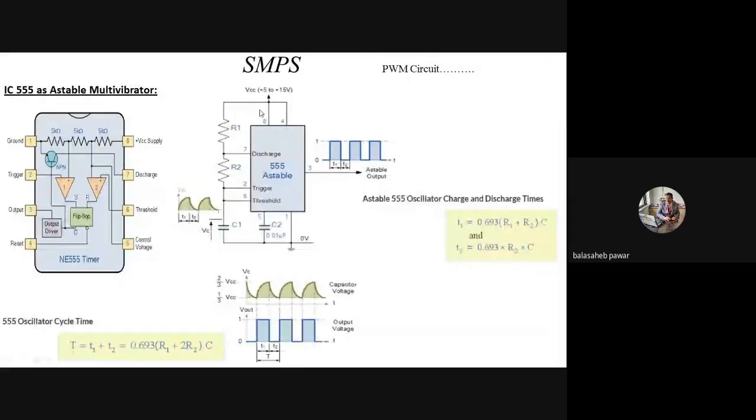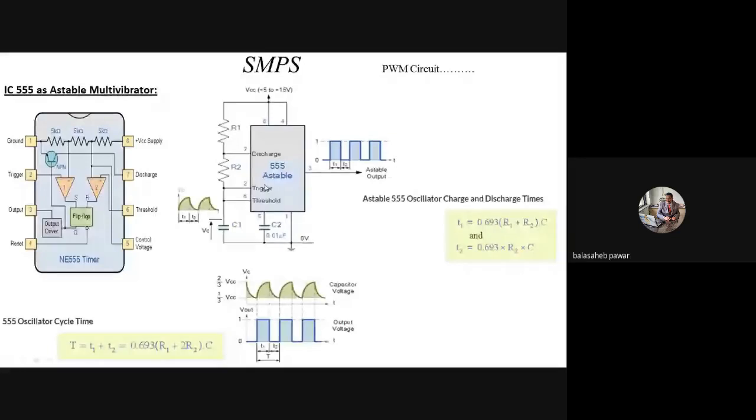So see, two resistors R1 and R2 are connected to VCC, then pin number 7. Actually, this circuit diagram is provided by the manufacturer. Whenever you want to configure this IC555 with this circuit diagram, it will work as an astable multivibrator. How it works, that we have to discuss now.